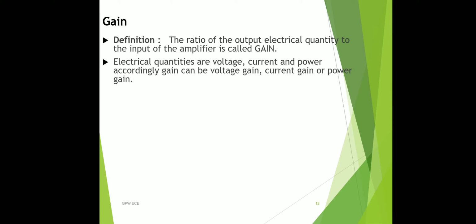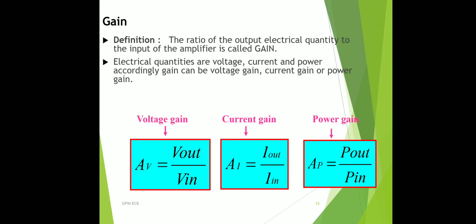The electrical quantities may be voltage, current, or power. According to that, the gain is classified into voltage gain, current gain, and power gain.